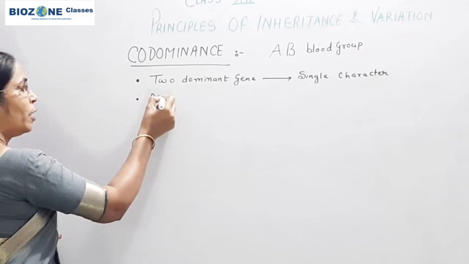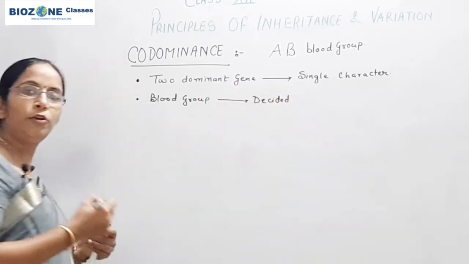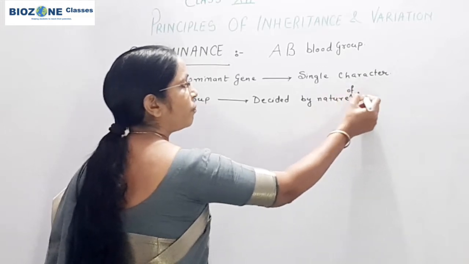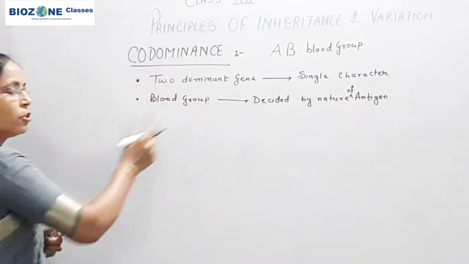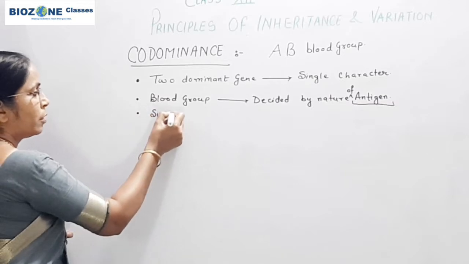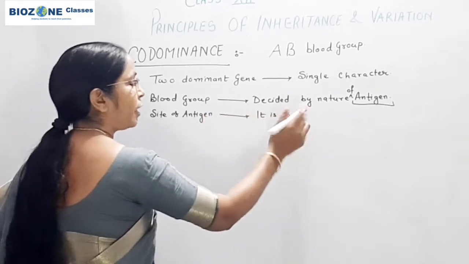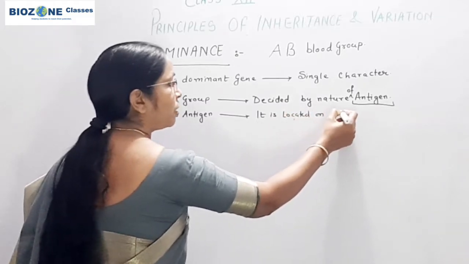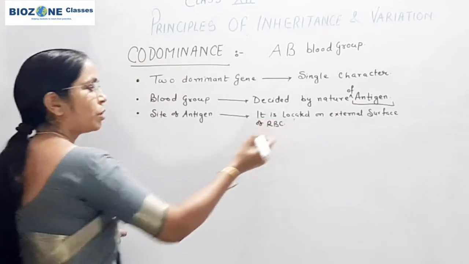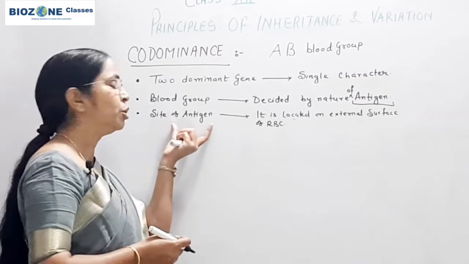Now the blood group in human beings is decided by the nature of the antigen. The site of the antigen is located on the external surface of the RBC, that is, the external surface of the plasma membrane of the RBC shows the presence of antigen.